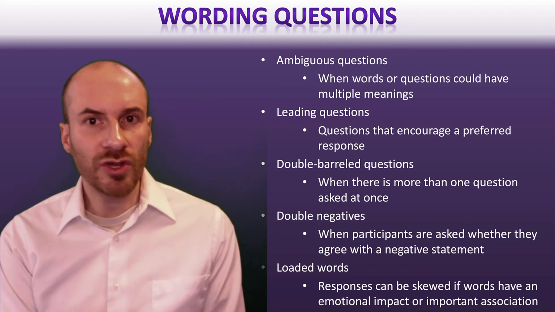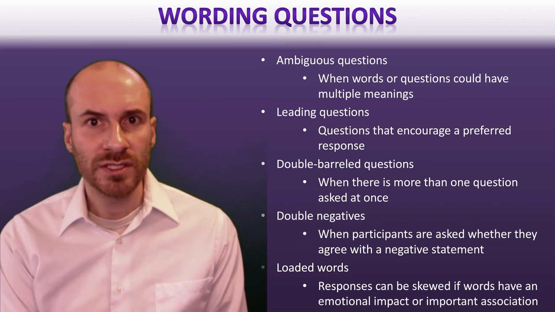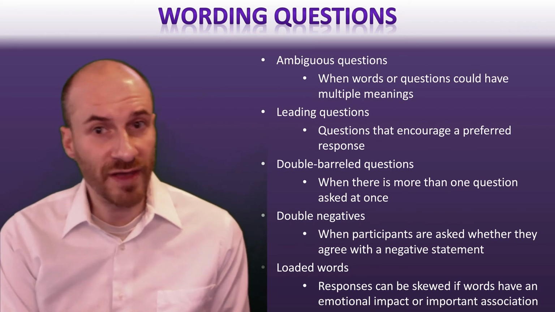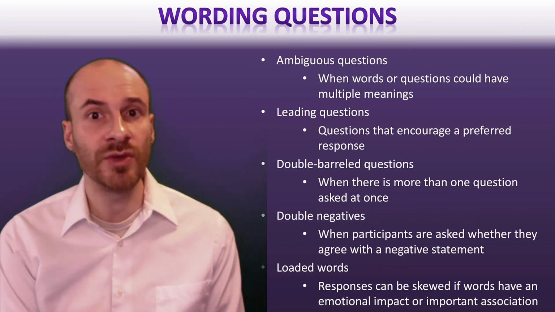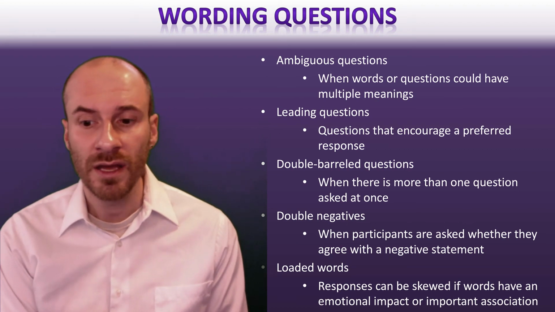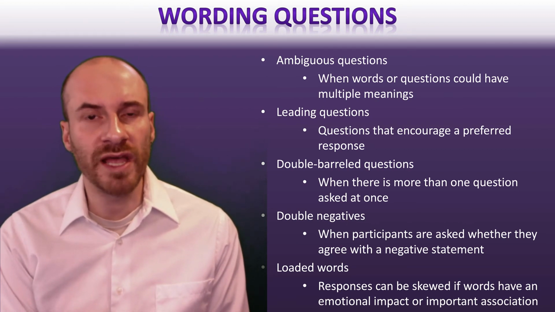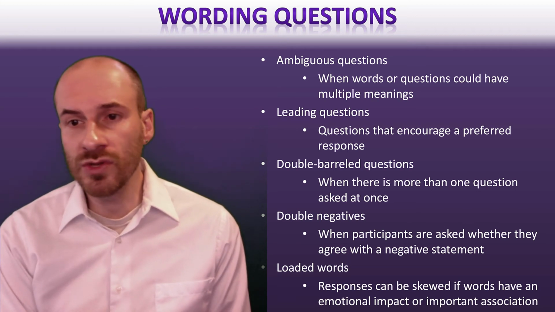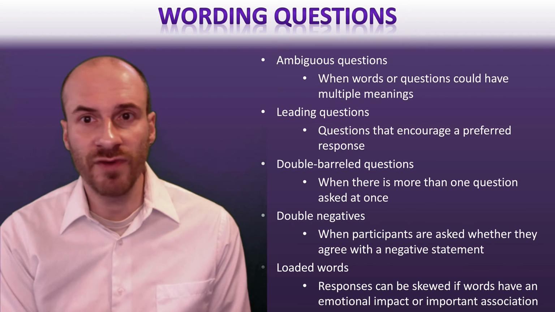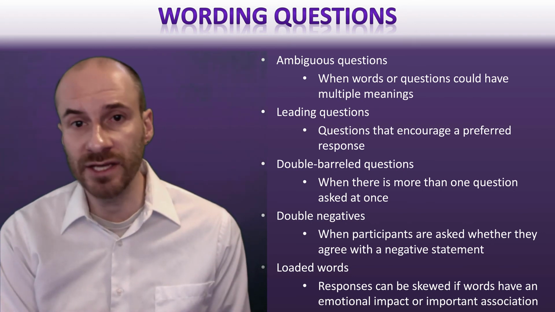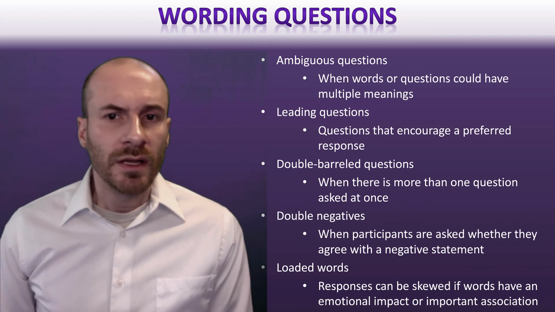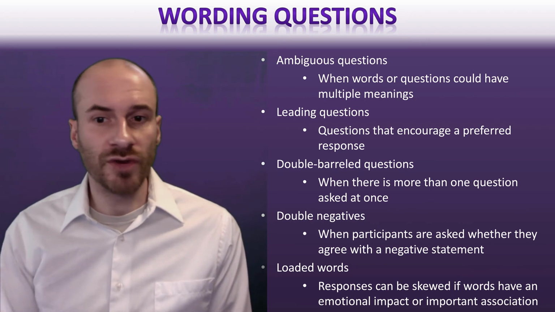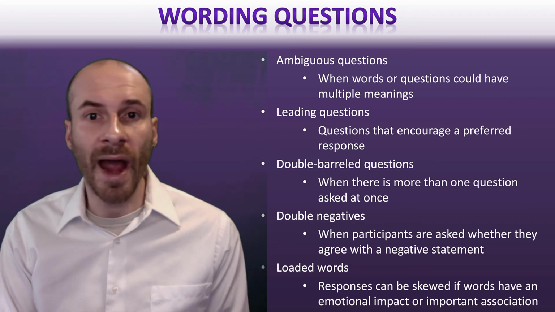So if in your question you're implying that someone might feel or is a failure as a nurse if they do something, and then you ask them how often they do that thing, well, you've loaded it. You've made it sort of emotionally tense, right? And when you do that, people are less likely to feel comfortable answering that question. They can really bias their responses, right? So these are some examples of the types of challenges you have as you're writing a survey that can get you more accurate information.